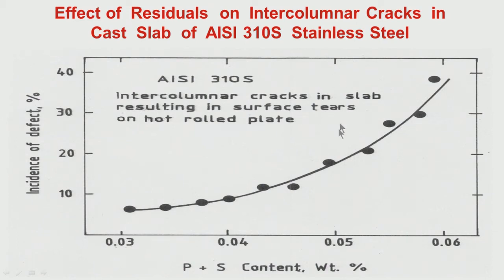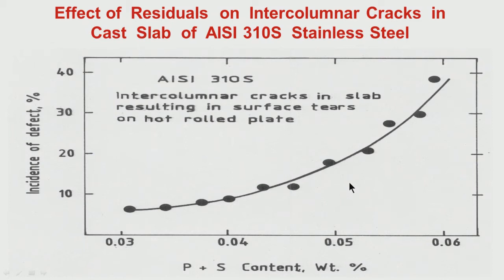So here, since it is a totally austenitic solidification, you have to reduce the intensity of the defect by controlling phosphorus and sulfur, which are notorious elements as far as microsegregation is concerned. So the solution lies in controlling the phosphorus and sulfur.